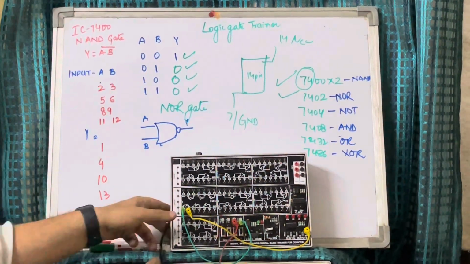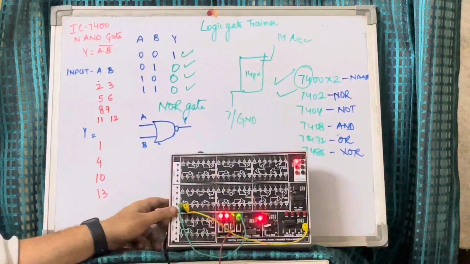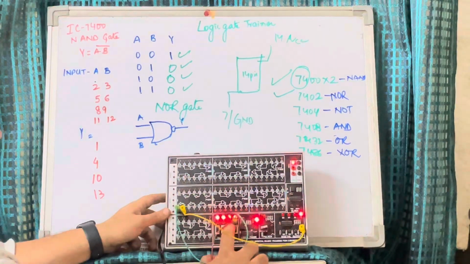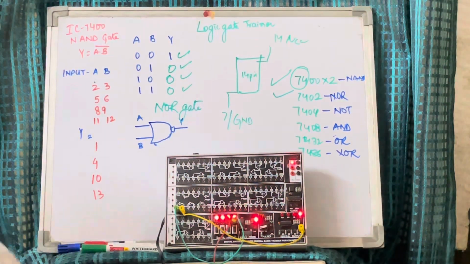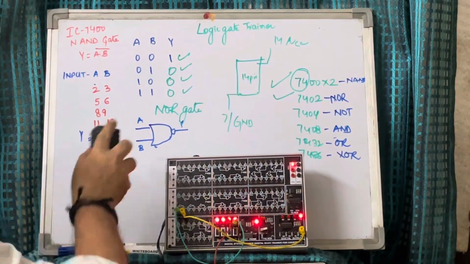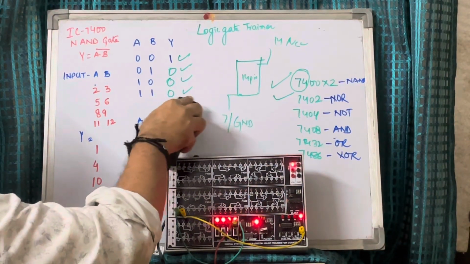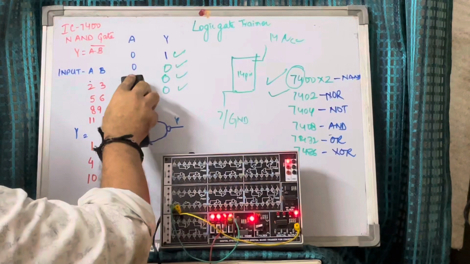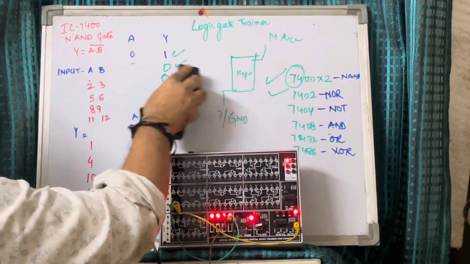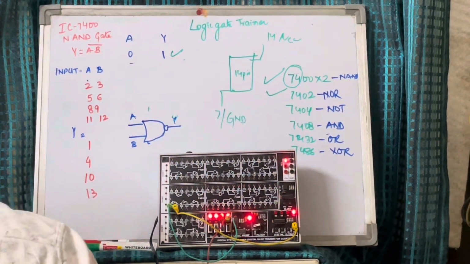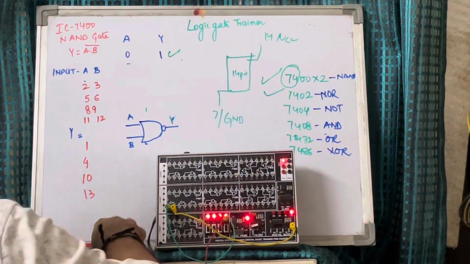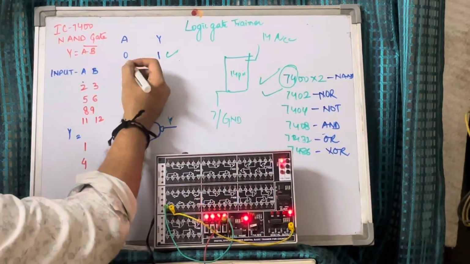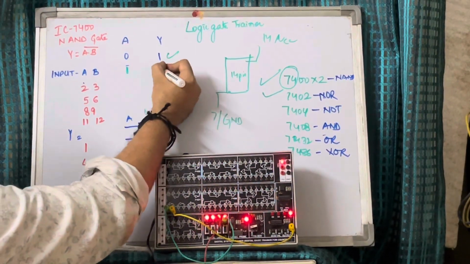Now that we have made the connection, let me make the truth table. There is only one input and there can be only two states. One is 0 and another is 1.